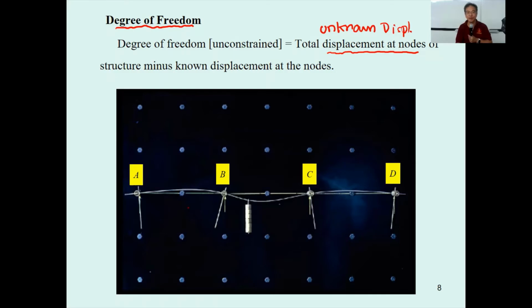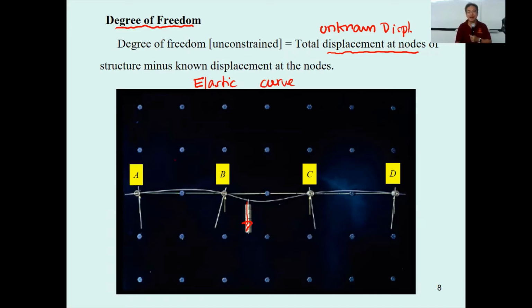Again, from this structure, under no force, the wire here is going to be horizontal. But when you put the force like this, the structure will deform and the elastic curve of the structure will be as shown. This is the real thing. This connects your real experience with the model we just discussed.